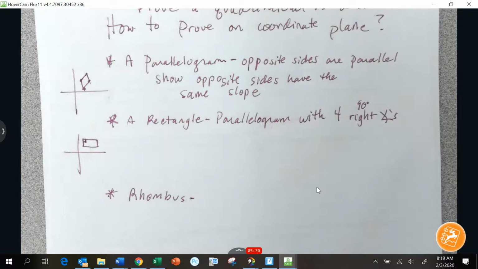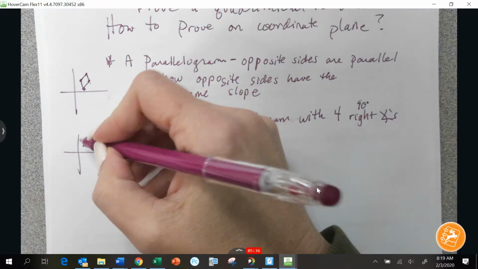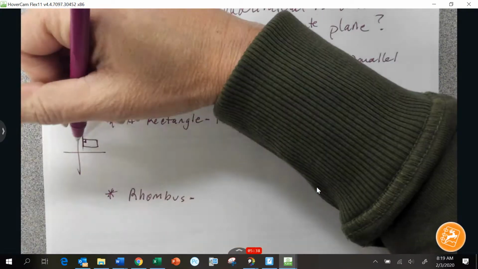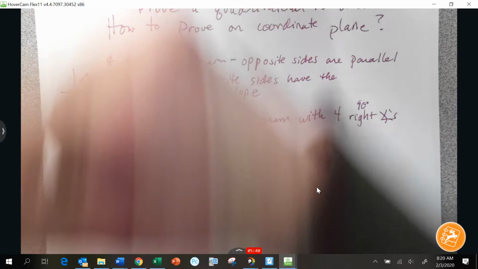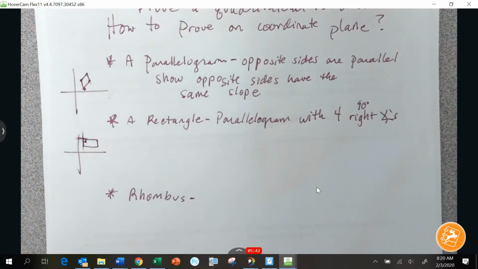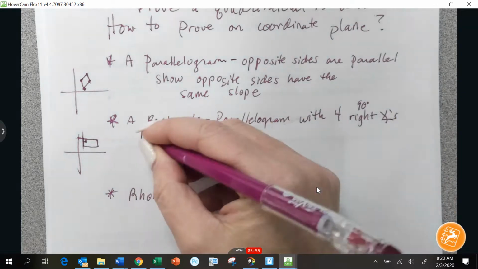So if they have the same slope, they'll never touch. But it does have to do with slope. What's going to show me that these two sides are 90 degrees has to do with slope. Aaron? Perpendicular slope. Opposite reciprocal slopes. Yeah. So we're going to find the slopes.